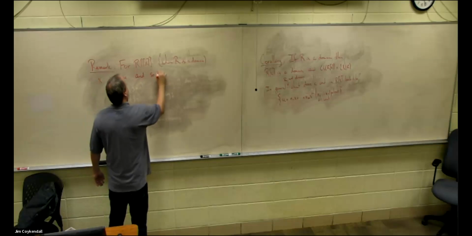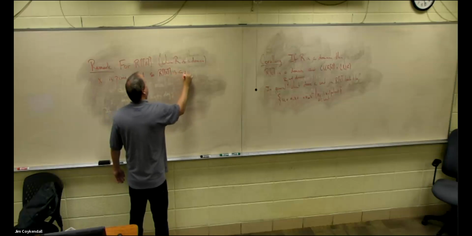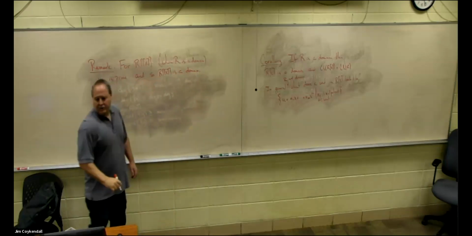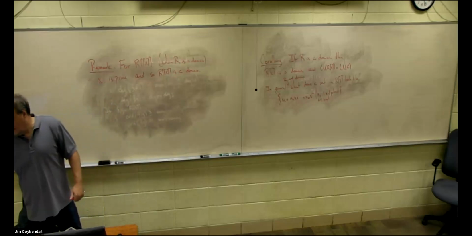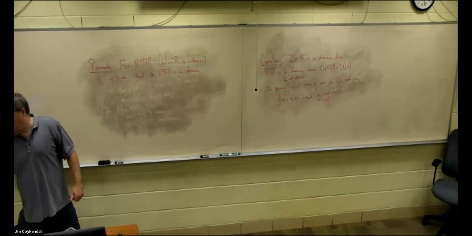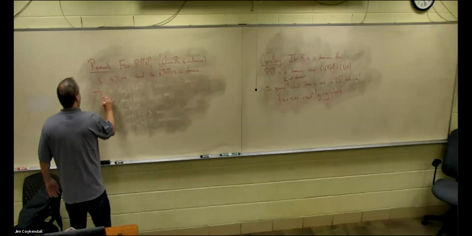And so R[[x]] is a domain. So if R is a domain, so is the power series ring. The first deviation from what you're used to is here.